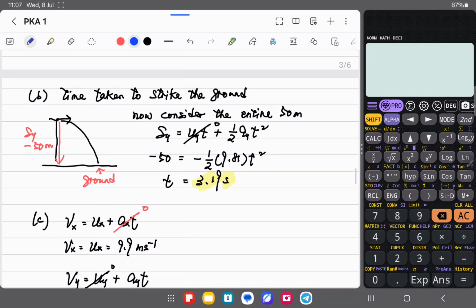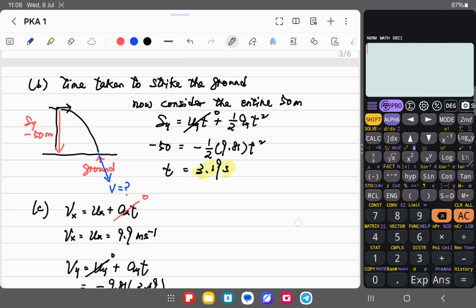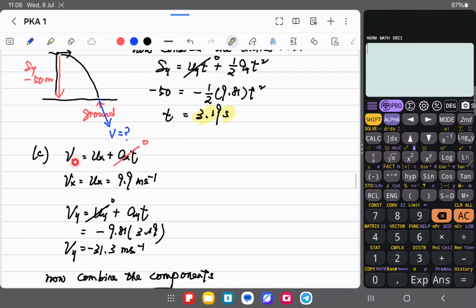So the last question: what is the final velocity as it strikes the ground? In order to find this final velocity, I need to first calculate the horizontal component and the vertical component of the final velocity. I'm going to use v equals u plus at.